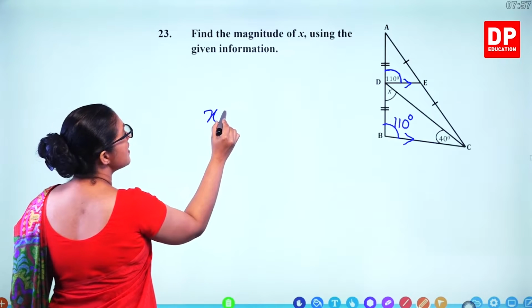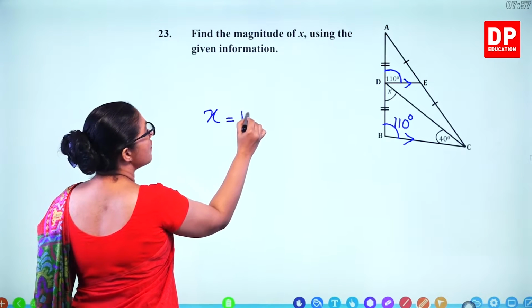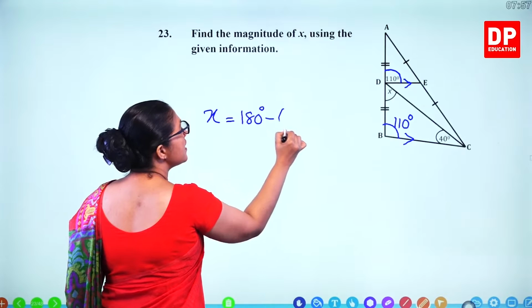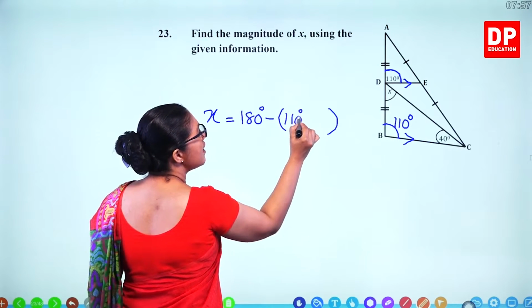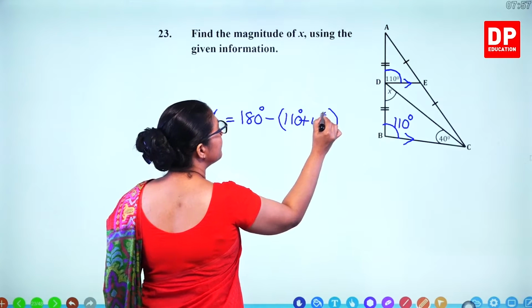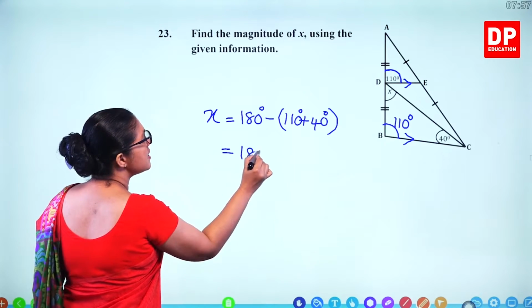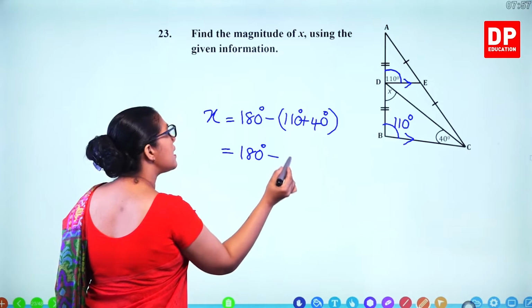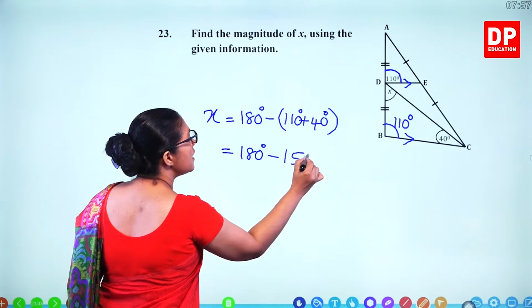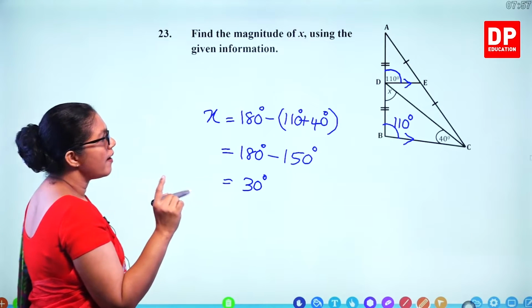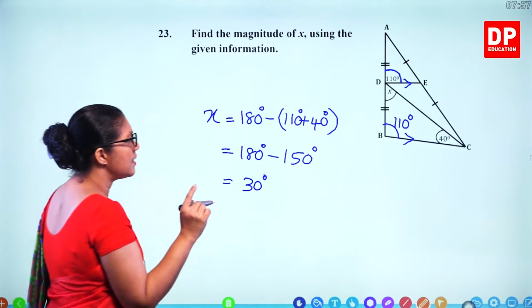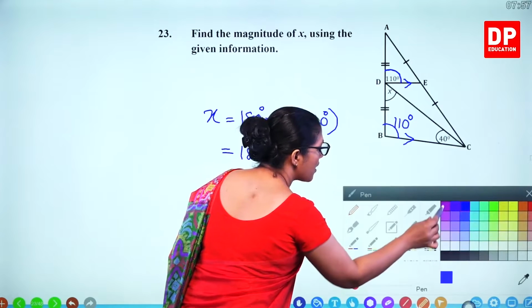So x is equal to 180 minus the other two angles, that's 110 and 40. So 180 minus 150, you get 30 degrees. So x is equal to 30 degrees. So 2 marks for that.